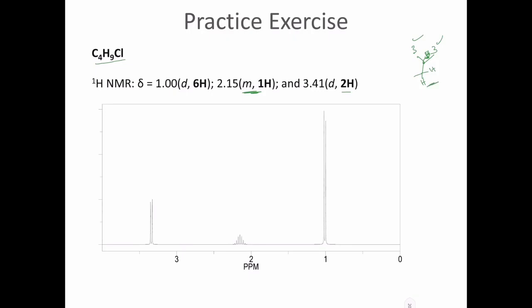So there's going to be a doublet. And then we have chlorine. So the structure is going to look like this. Chlorine attached to a carbon which is attached to the isopropyl group.